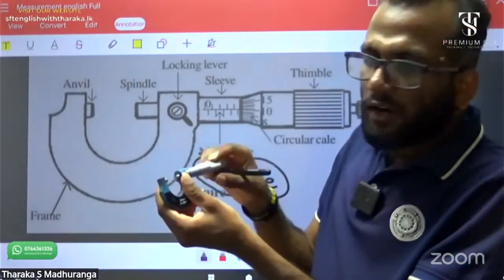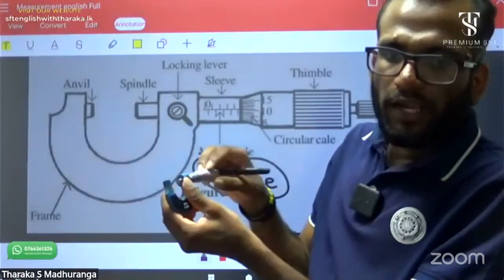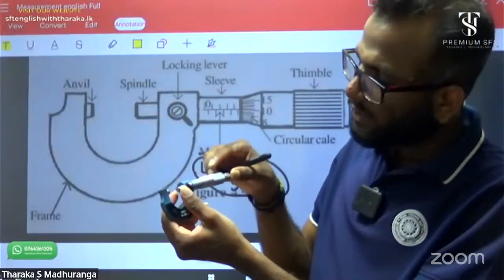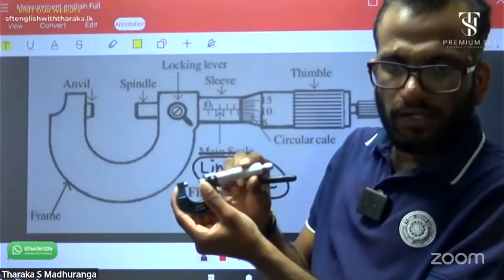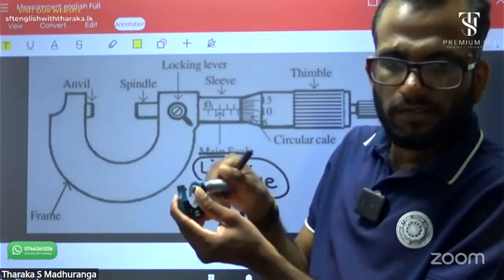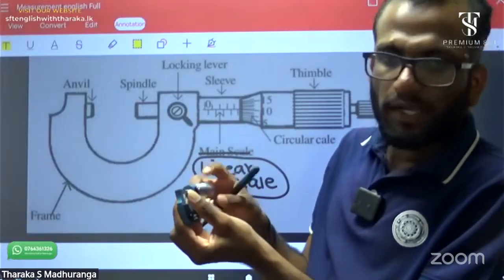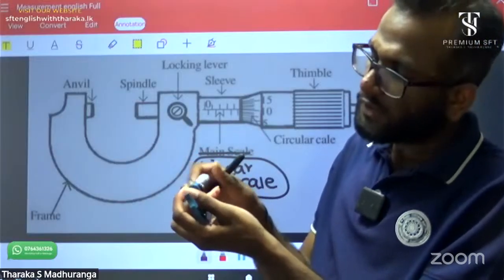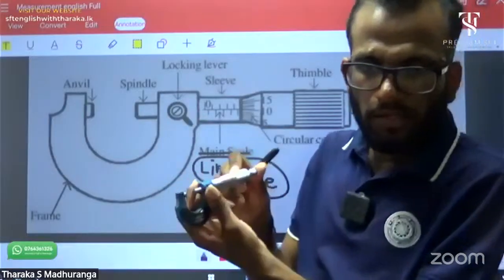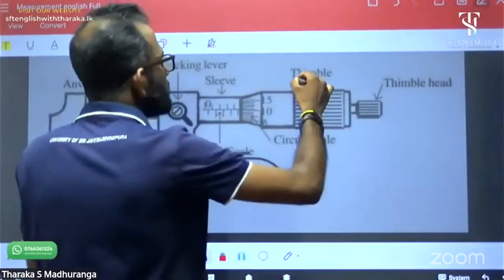It is a part we can rotate. It has a rough surface to rotate and fix while measuring objects. To rotate this circular scale, we use this part. What do we call it? Thimble.